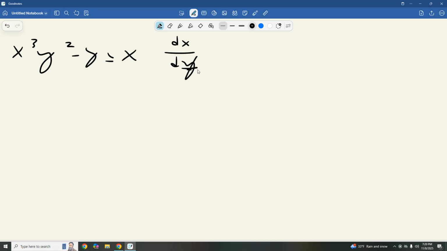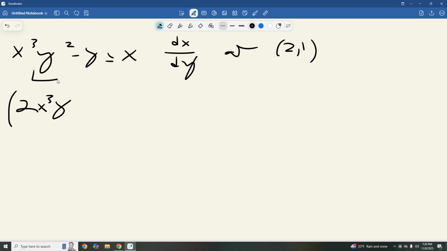Which is with respect to y, meaning, well, I'll show you what it means, at (2, 1). So, starting this out, we have this term over here with the product rule, so we're going to do 2x cubed y.